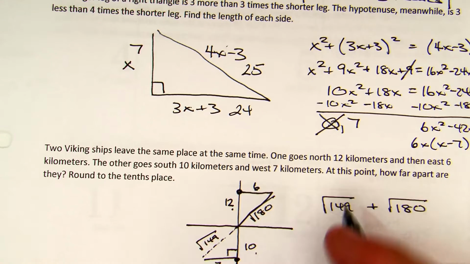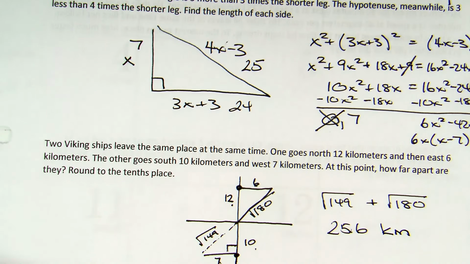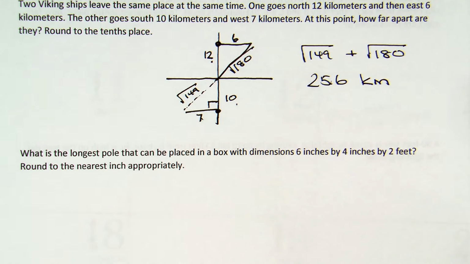It says round to the nearest tenth place, so 25.6 kilometers. Later in the year, when we do similar figures, you'll see how we can prove that that actually would be a straight path.